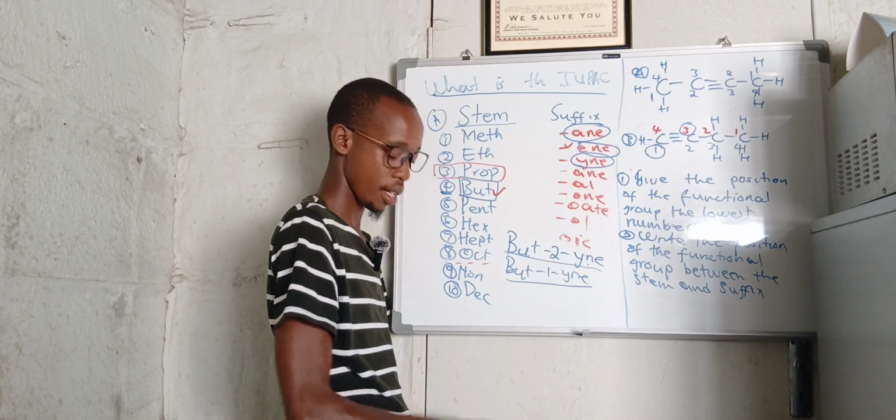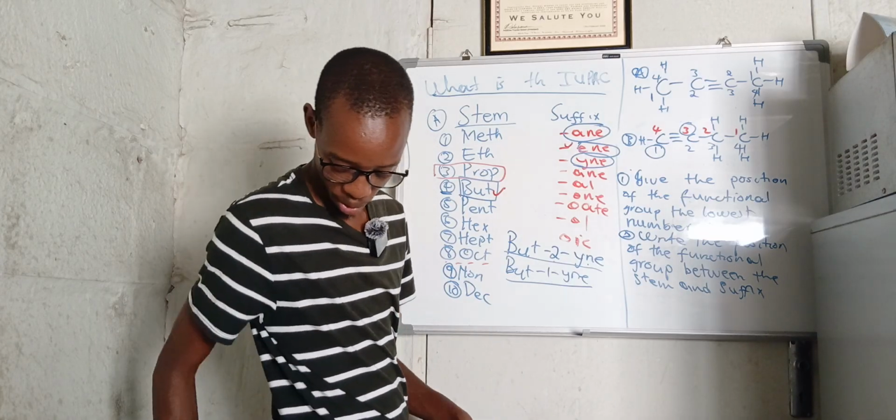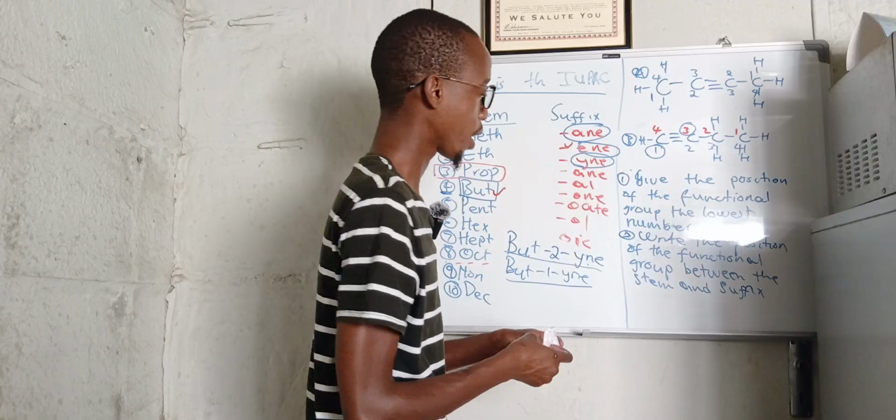Now let's go to the 4th one, which is haloalkane.